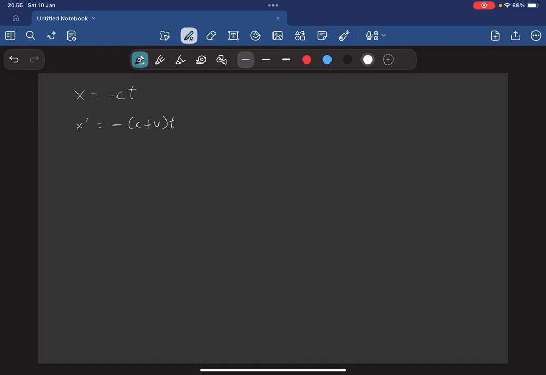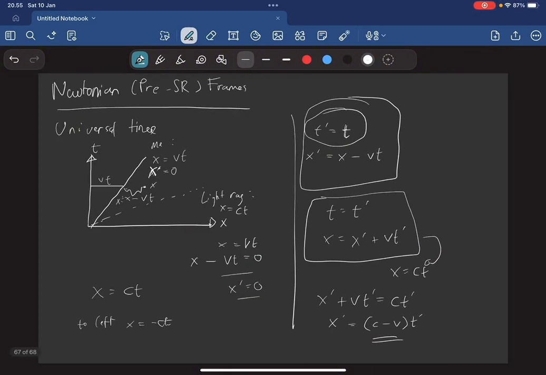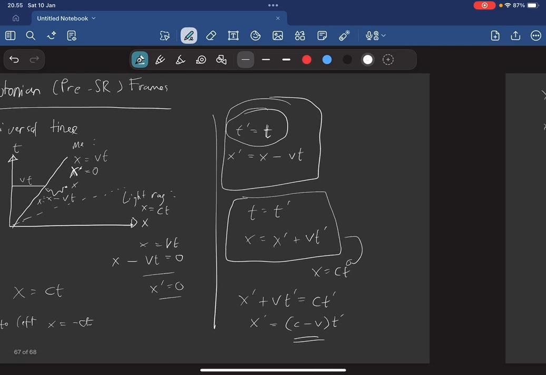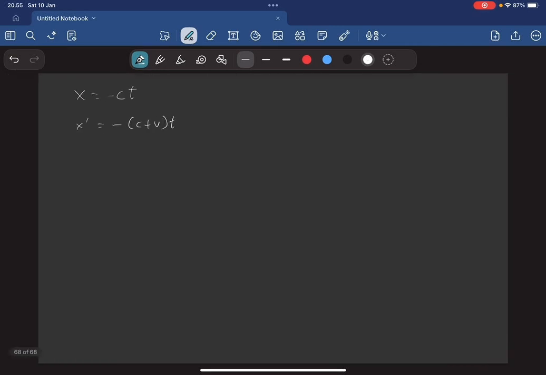If I am moving to your right, a light ray moving in the same direction travels a little slower, with speed c minus v. And a light ray moving in the opposite direction travels a little faster, with speed c plus v relative to me. That's what Newton and Galileo would have said.